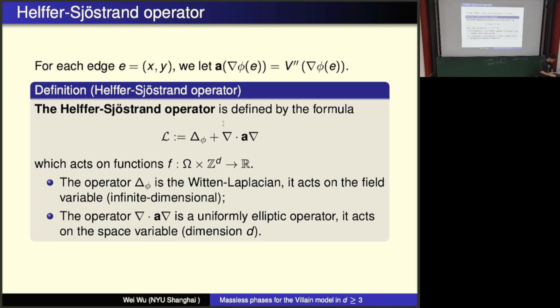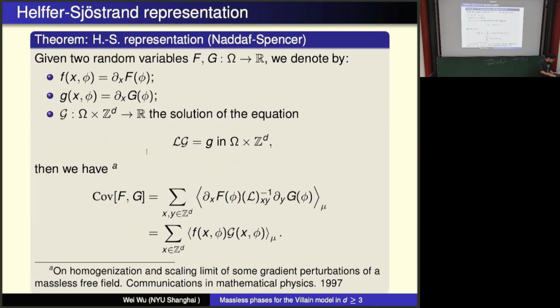And so this is the Helffer-Sjöstrand representation. This Green's function here is the Green's function of this operator. Okay. And in fact, there's a more general statement which says if you have a function of your random field phi, f, and another function of the random field, g, you can actually compute the covariance by looking at this.